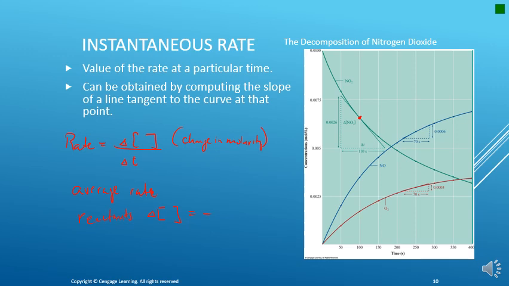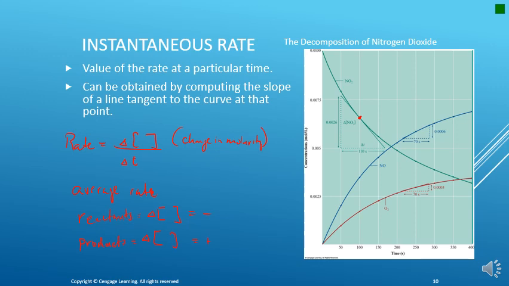So as you can see here, my concentration is getting smaller over time. And then for your products, because they are being created, your change in the concentration will always be a positive value.